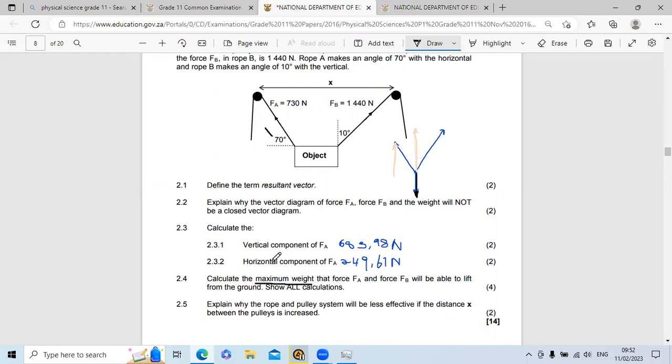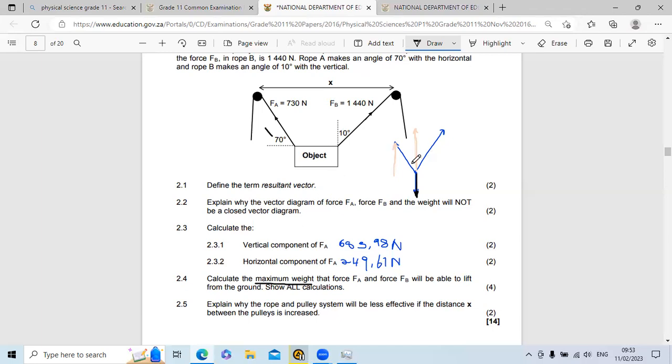When they say they want you to find the maximum weight, they want the weight where the resultant force is nearly 0. But we're just going to conclude that it's equal to 0, because at the maximum weight it's near impossible to lift this object, and that's where our resultant force is going to be 0.